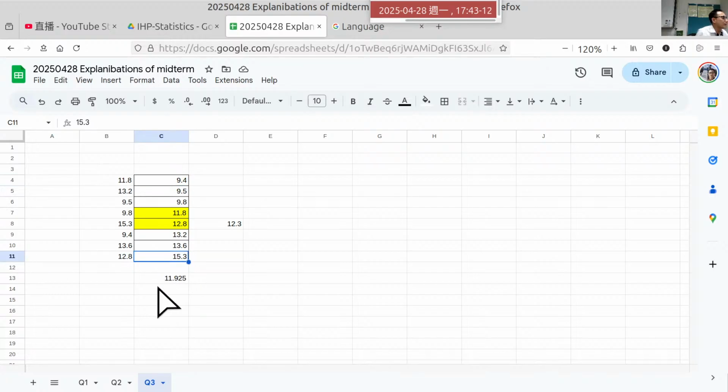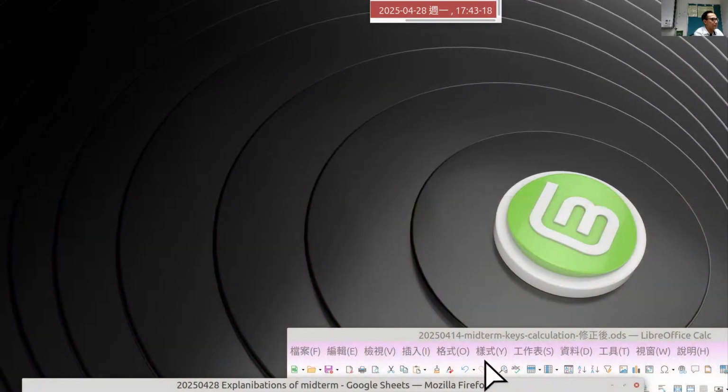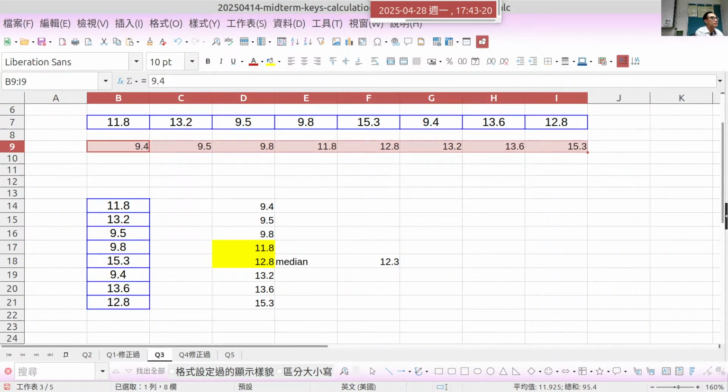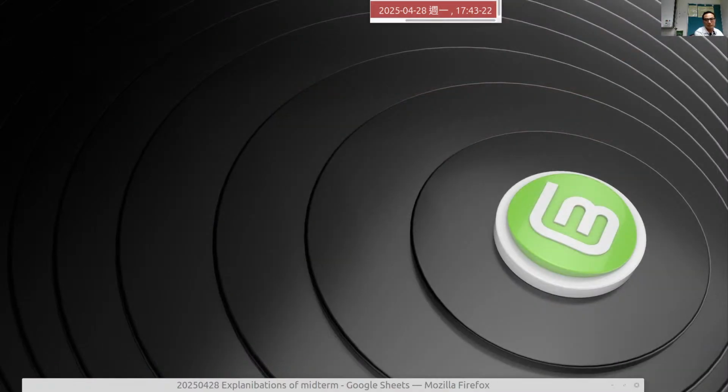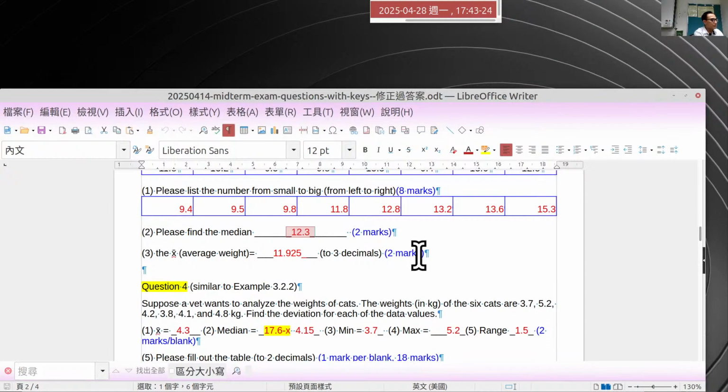Okay, that's correct. The average is 11.925. Thus, the average weight of the dogs is 11.925.